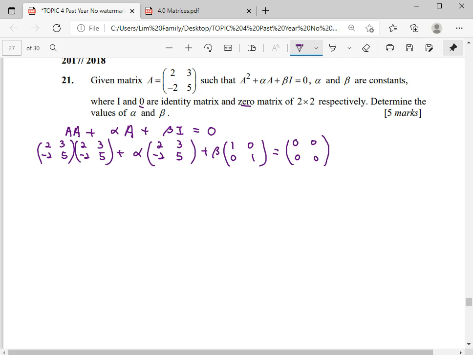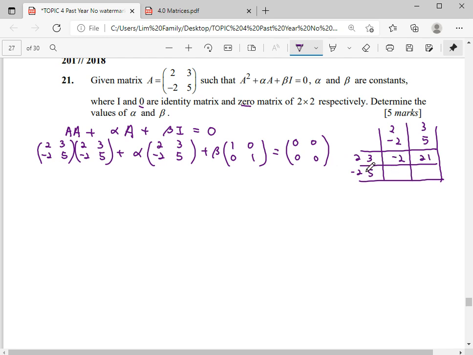So what we can do here is we perform our multiplication A times A, which is involving 2 rows and 2 columns. So we multiply here 4 minus 6, negative 2, and 6 plus 15, 21.